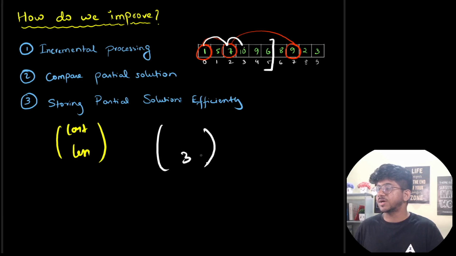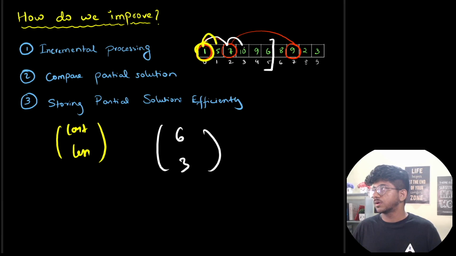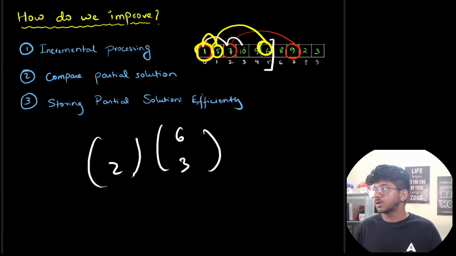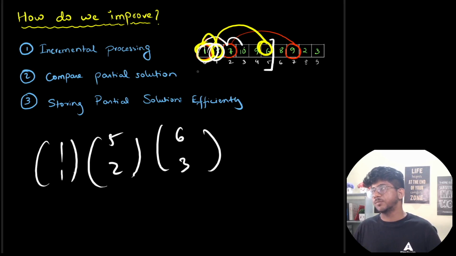For length 3, what is the best ending point that you can get? I can potentially get an ending point of 6. What is the best ending point for 2? For 2, I can end at 5. For 1, I can just take a single element, 1. That's the best ending point.